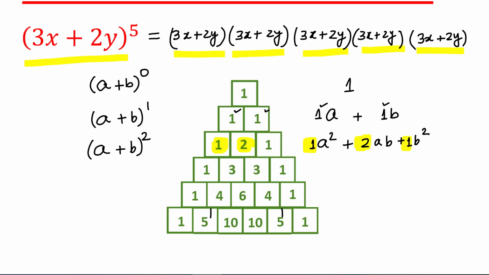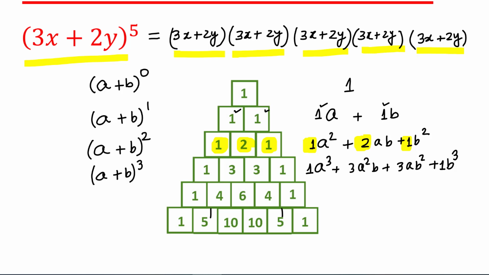And 1 is the coefficient, 1 is here. Now let us see (a + b) whole cube, which is nothing but a³ + 3a²b + 3ab² + b³.